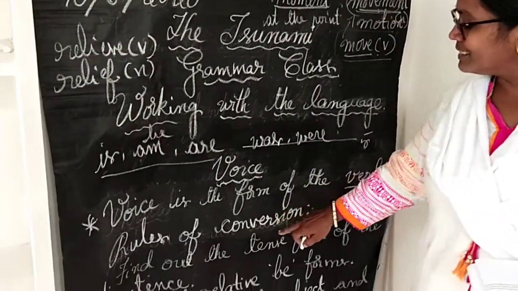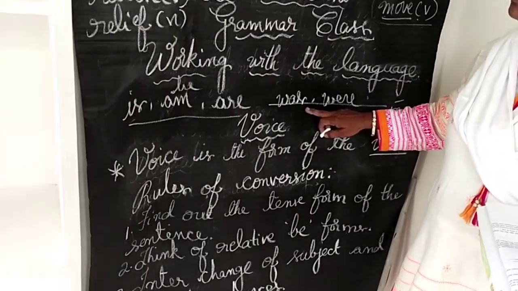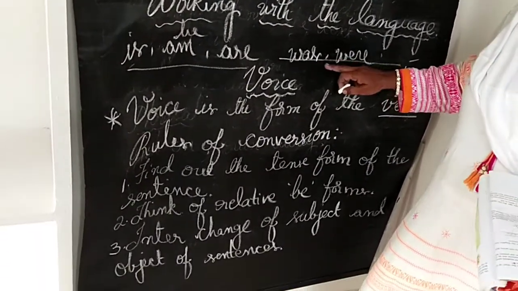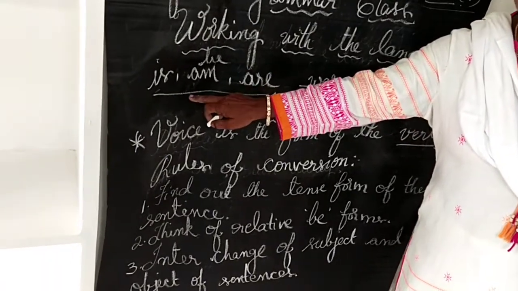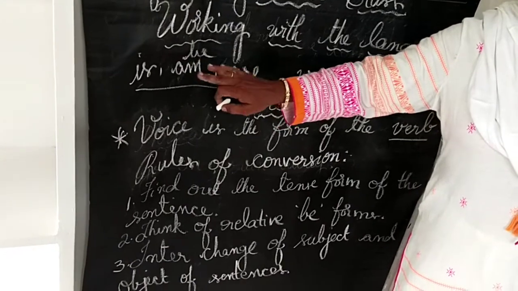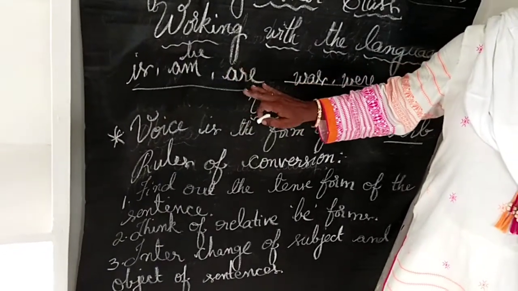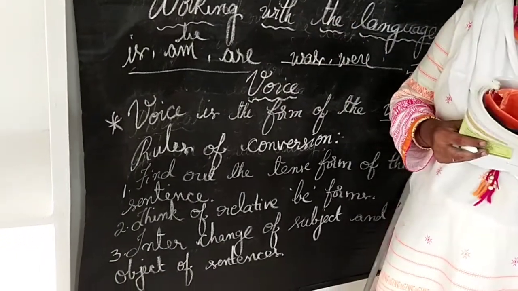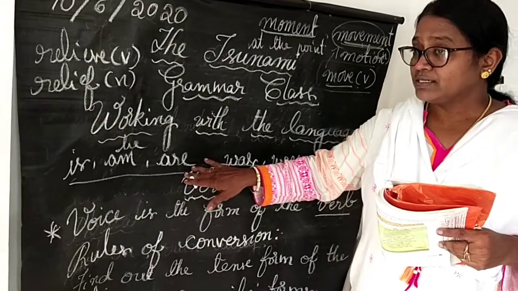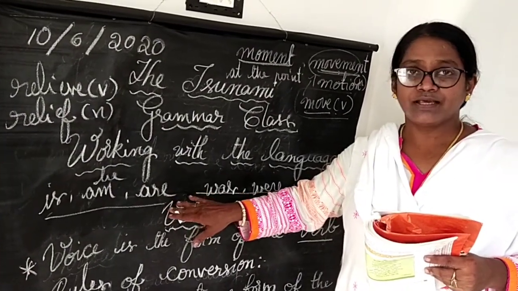Suppose the sentence is given in past tense, you have to keep it in past tense, and you need to use the third form of the verb. If the sentence is given in present tense, you are not supposed to change the tense form, it remains the same, but you need to use the third form of the verb along with it. The main verb of the sentence must be used in third form.